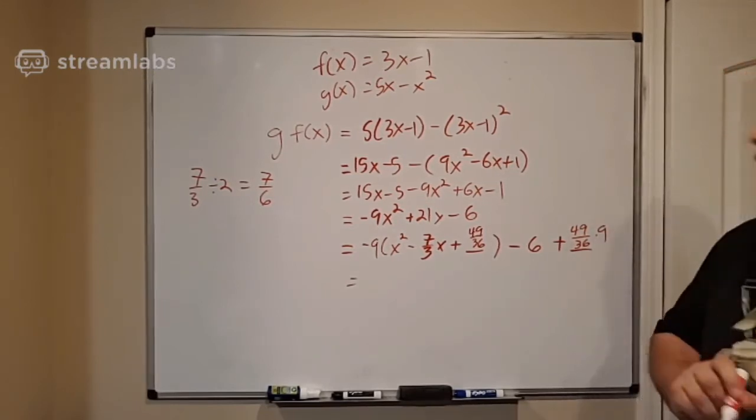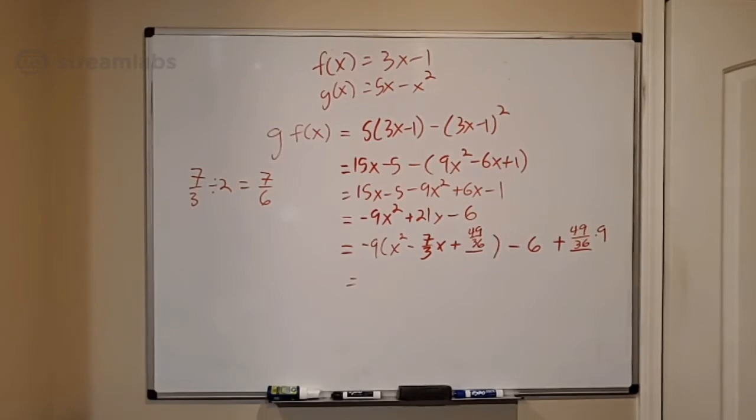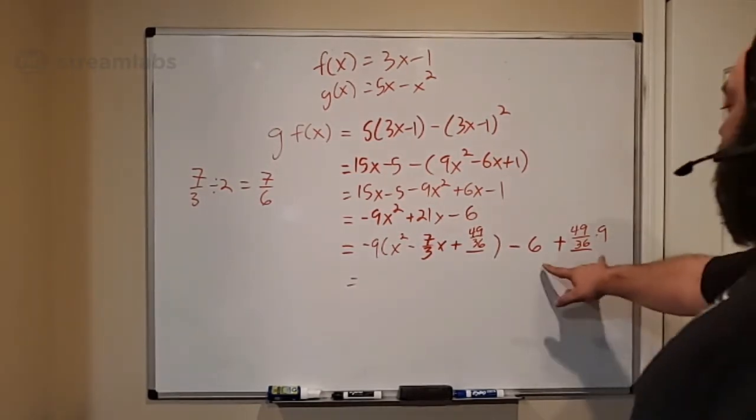So again, use your calculator to do all of these calculations since there's no reason to do it by hand. So you get -6 plus 49 over 36. And we get 25 fourths if you do that. So do this part in your calculator, you get a positive 25 fourths, which is the correct answer.